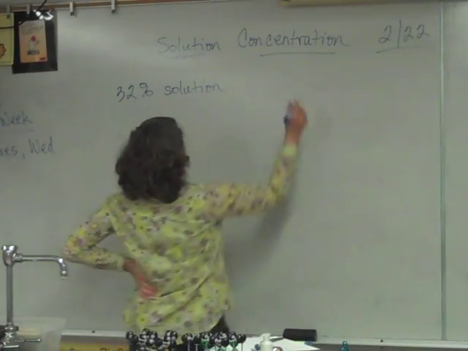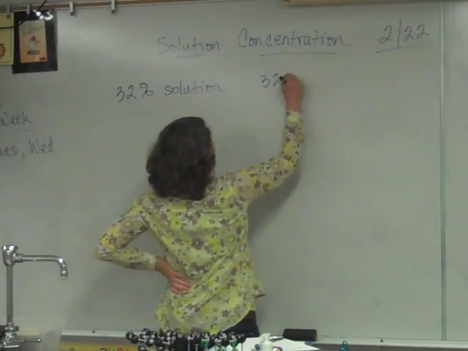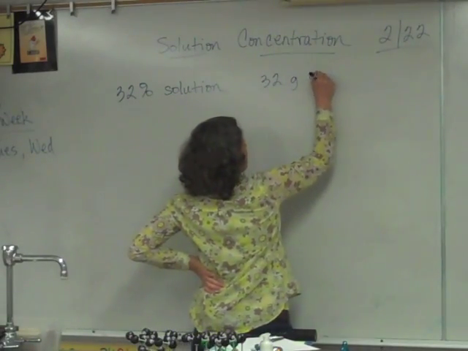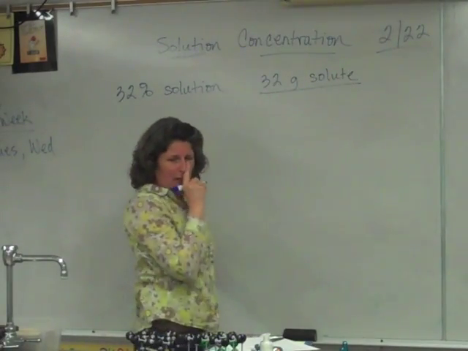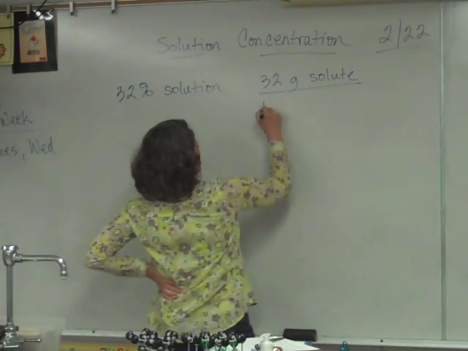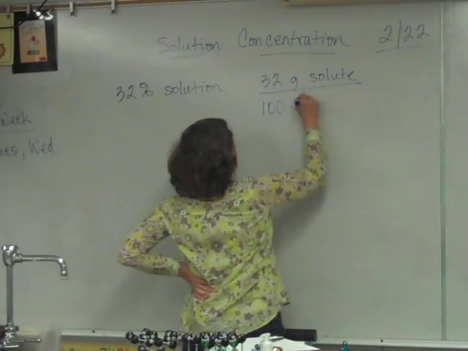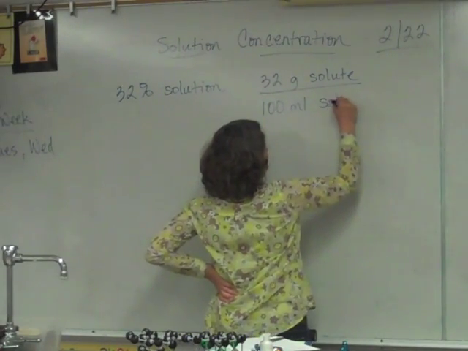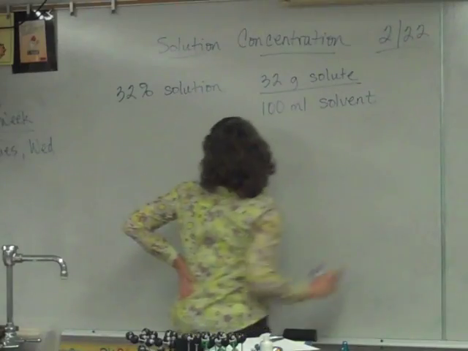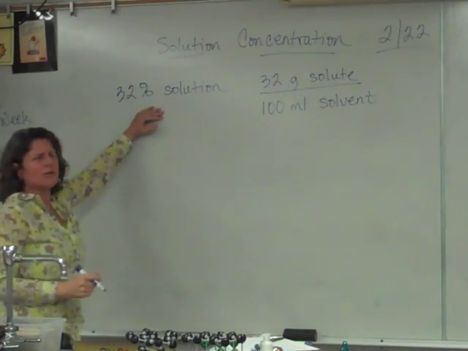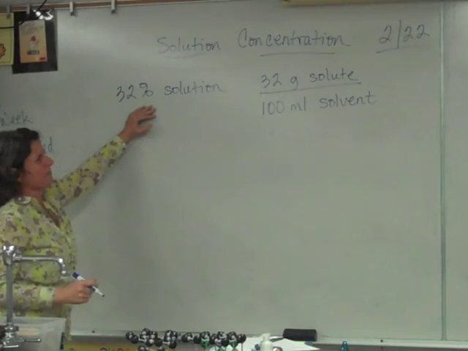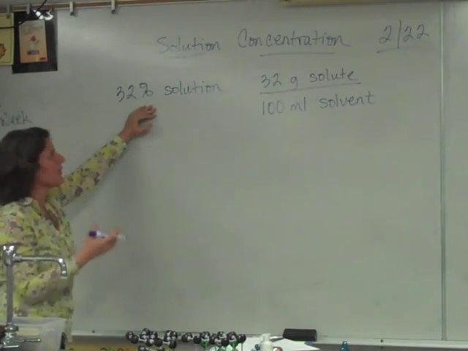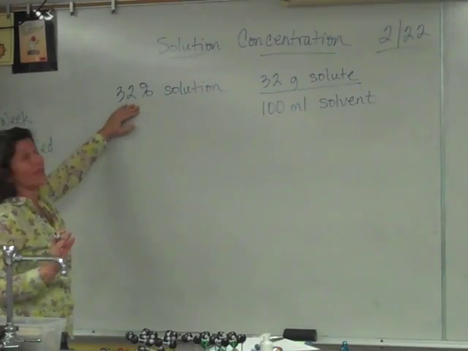That means there are 32 grams of solute for every 100 milliliters of solvent. This is an example, not the number.